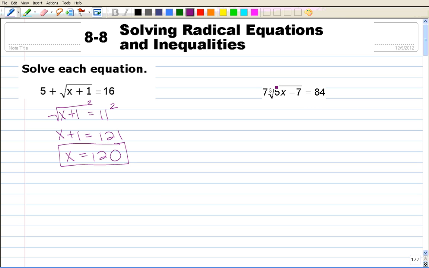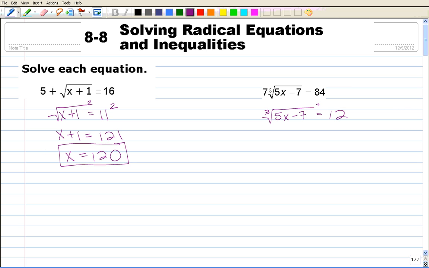Okay, now for the next one. We have 7 times the cube root of 5x minus 7 equals 84. Again, to get that x by itself, I'll start out by dividing both sides by 7. So now I have the cube root of 5x minus 7 equals 12. Now I have to think, what cancels out with the cube root?